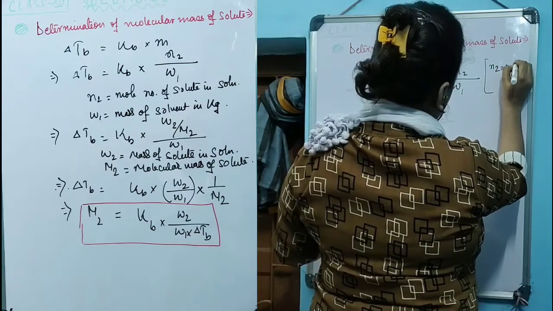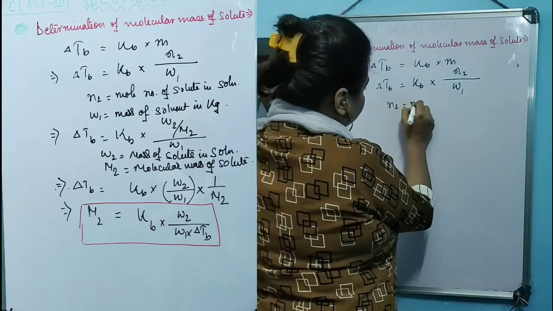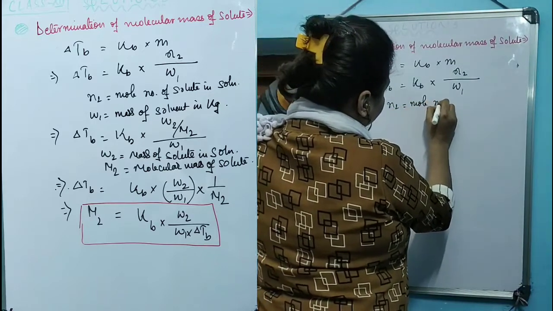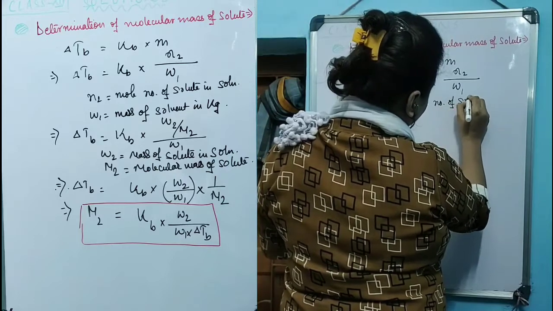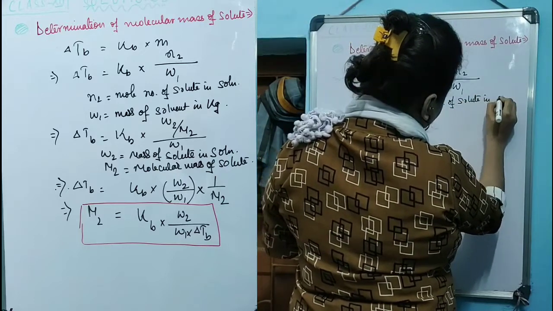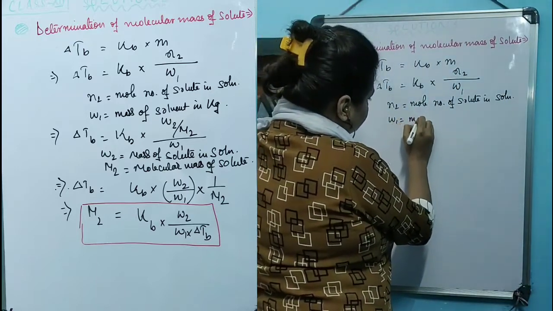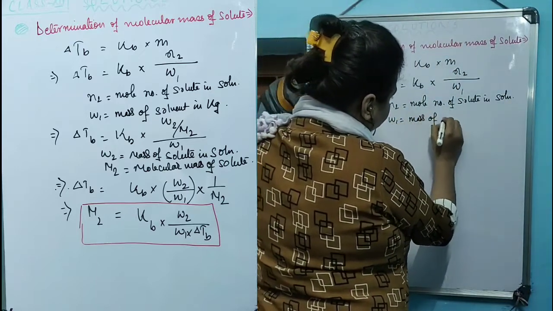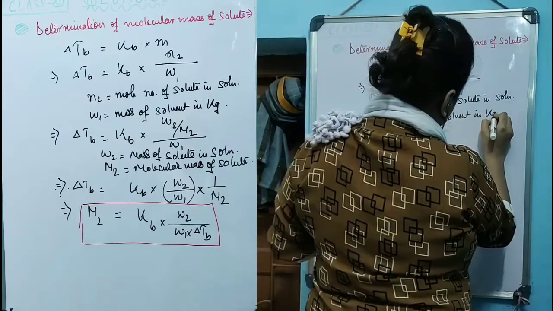N2 is the mole number of solute in solution, and W1 is the mass of solvent in kg.